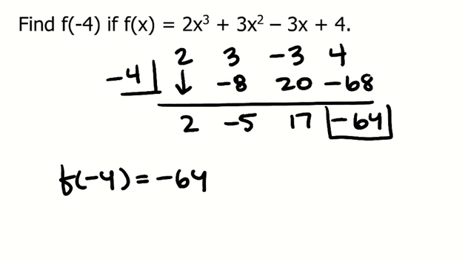When we're doing synthetic substitution, you take this number here and you go directly into the box, because this is like dividing by x plus 4. That's the equivalent. And so you run it through and you get negative 64. You can check this using a calculator if you like. And you say f of negative 4 is negative 64. Which is still, I think, easier than keeping track of negative 4 to the third, doubling it, negative 4 squared, tripling it, and doing all of that. It's a really nice algorithm.